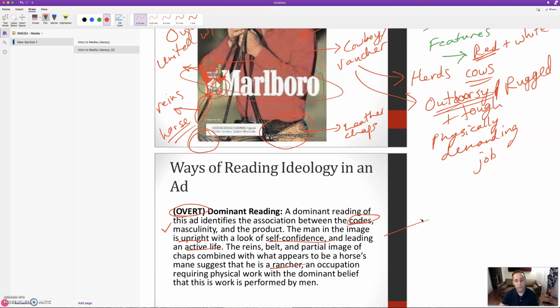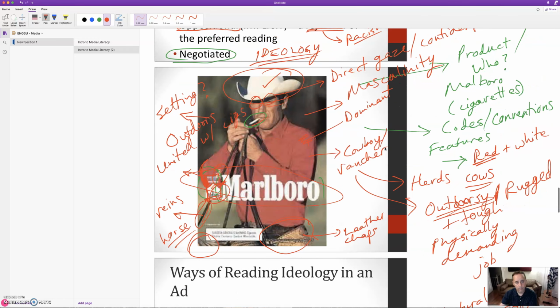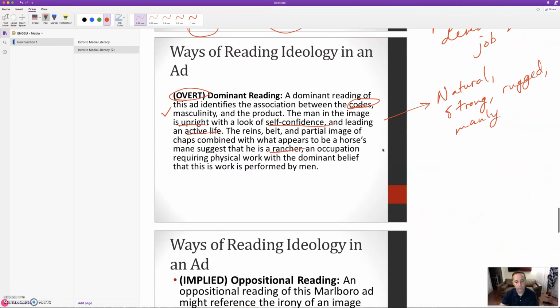Okay, so how does that connect to the product? Well, they're saying it's natural, you'll be strong and rugged and kind of manly if you smoke. Does that make sense? Right? That's what they're trying to portray to us.